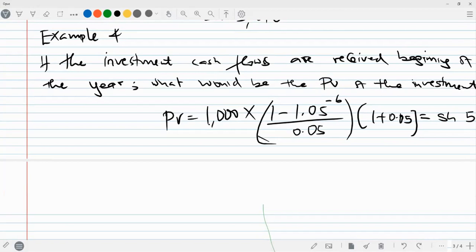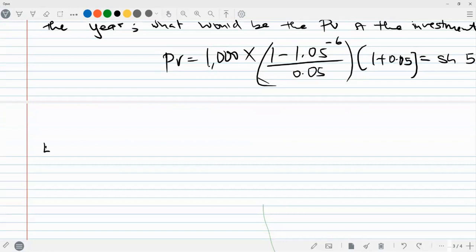Any other example remaining? Okay, let's do another example here.